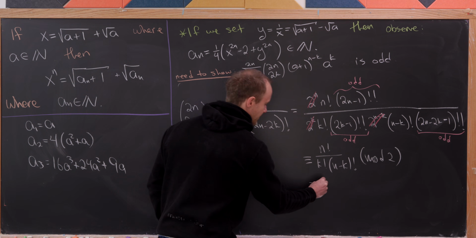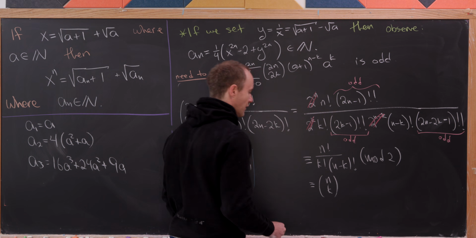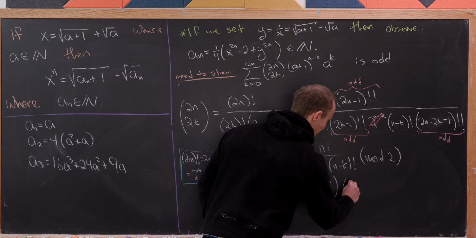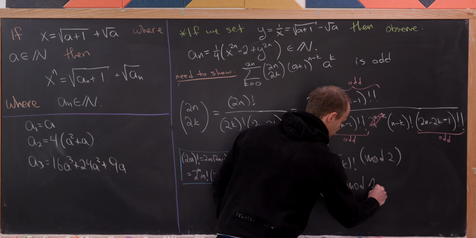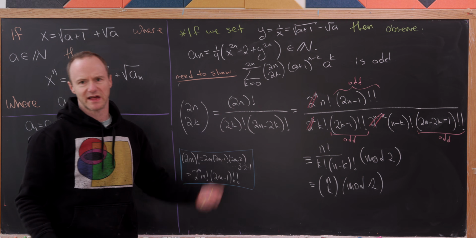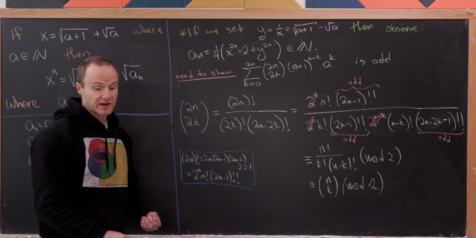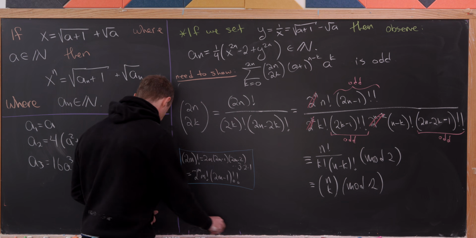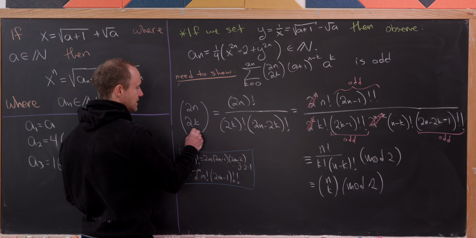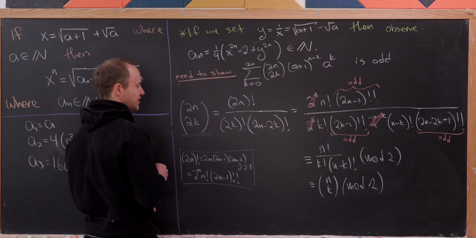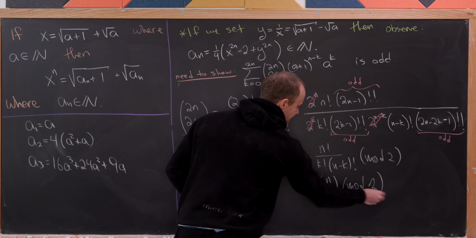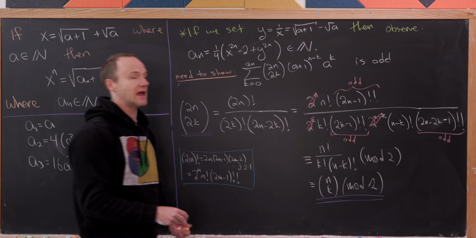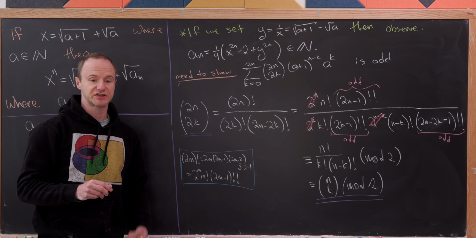But now that's going to be congruent to the binomial coefficient n choose k mod 2, because that's equal to the definition of the binomial coefficient. Okay, so now let's take this information, and by this information I mean that this binomial coefficient here, 2n choose 2k, is congruent to n choose k mod 2, and see how we can finish this off.